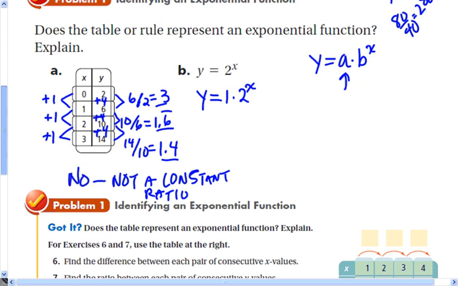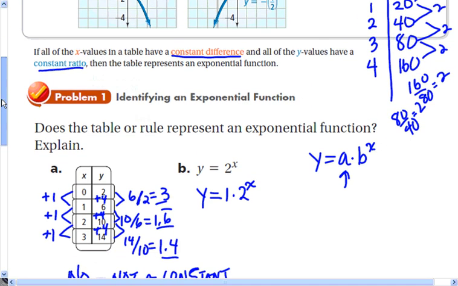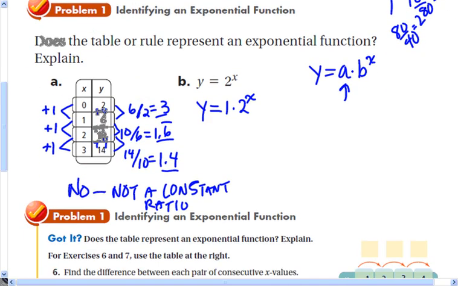Now a is not equal to 0. And here b is greater than 0. We know 2 is greater than 0. And also we know b is not equal to 1. So this fits our description of an exponential function. So we're going to say yes on that one.